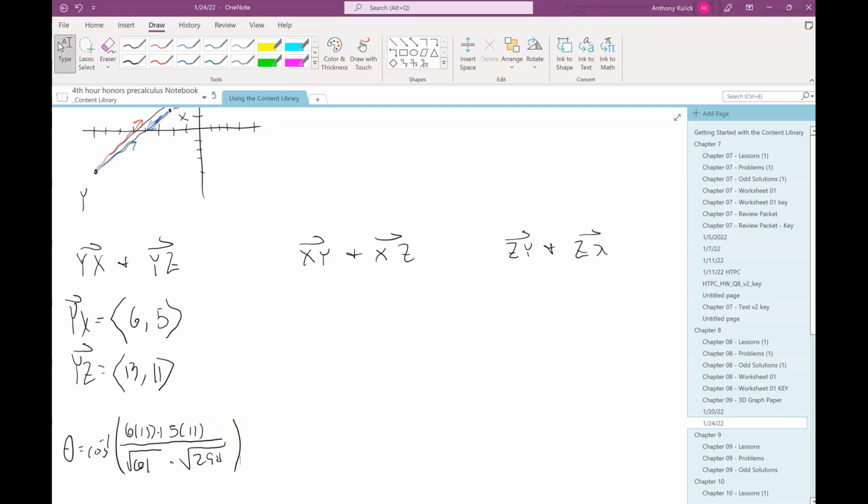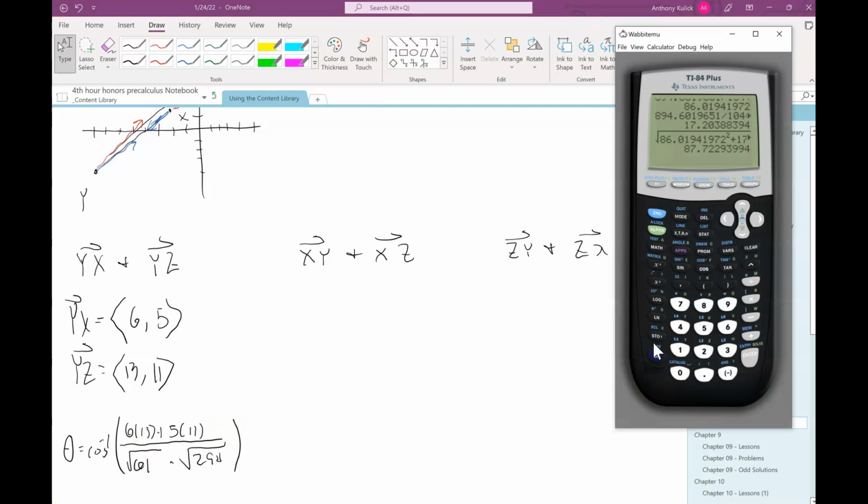So let's do that one. And I'm expecting this to be quite a small angle from the picture that I've drawn, right?